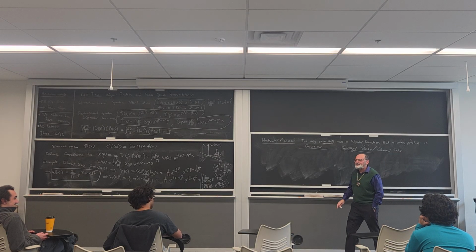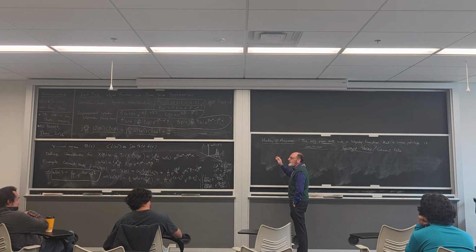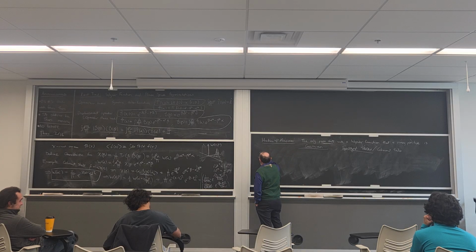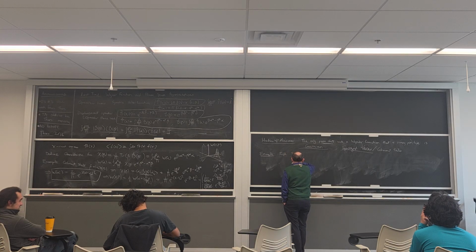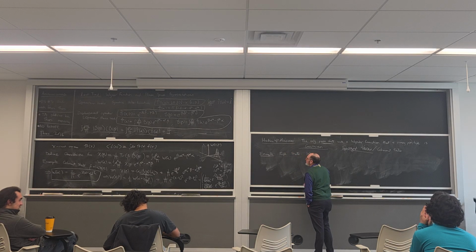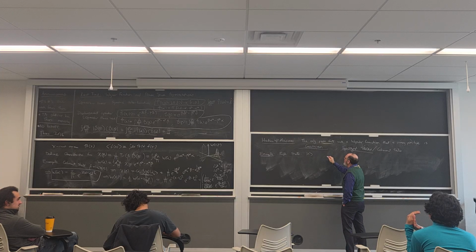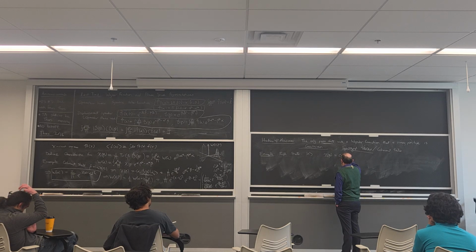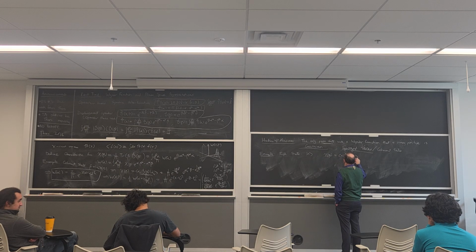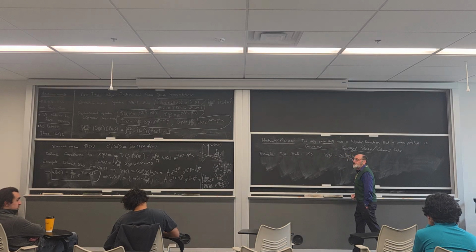All right, let's look at another example. Let's look at a Fock state. Again, we can write down the characteristic function, which is the expected value of the displacement operator with this normalization.